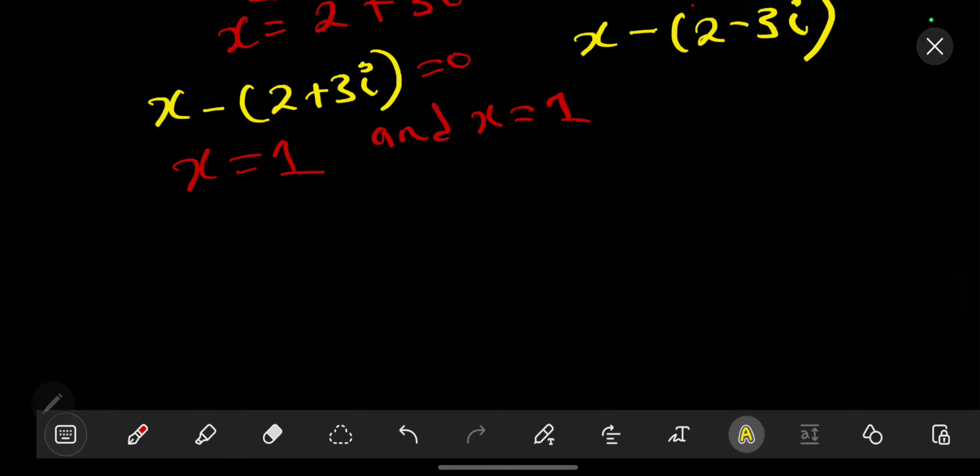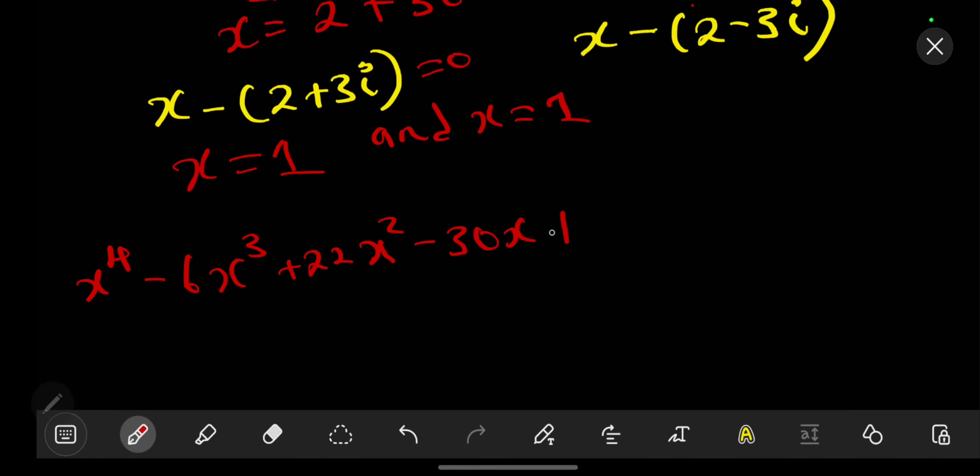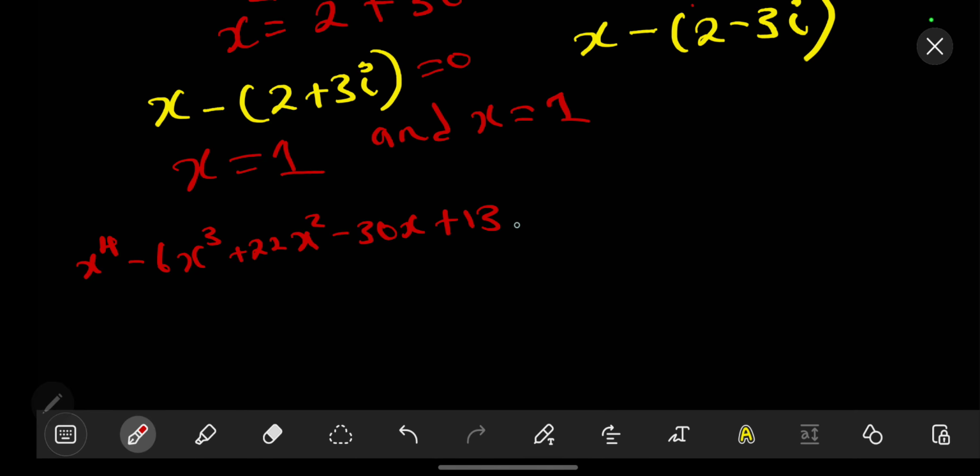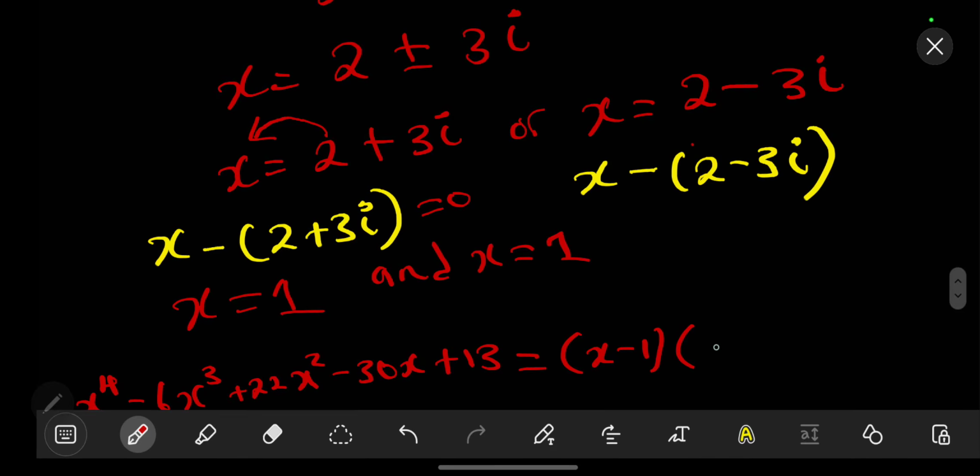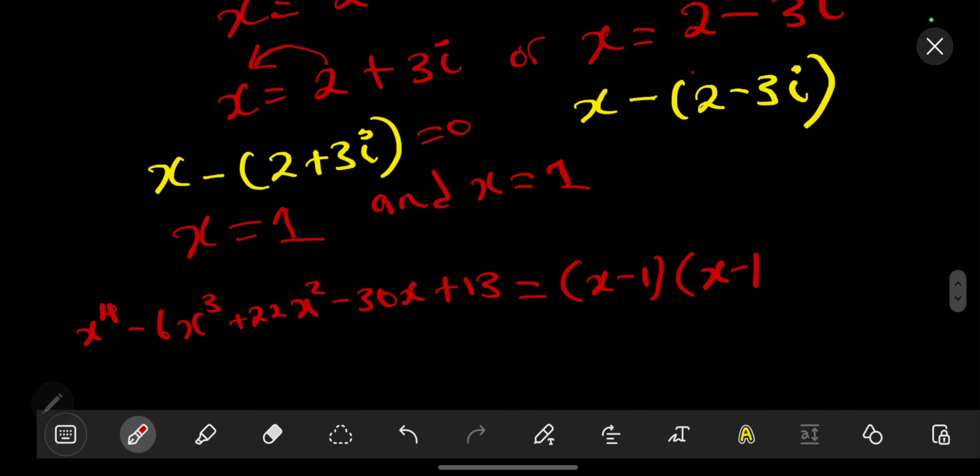So we have x to the power of 4 minus 6x to the power 3, plus 22x squared, minus 30x, plus 13, which should be equal to x minus 1 and x minus 1.